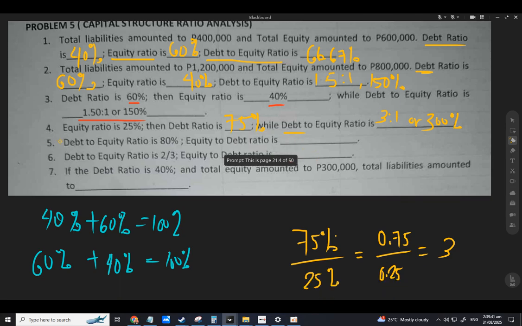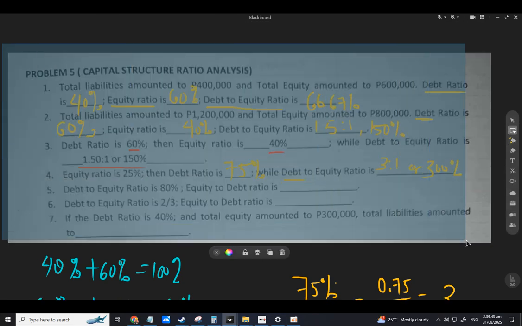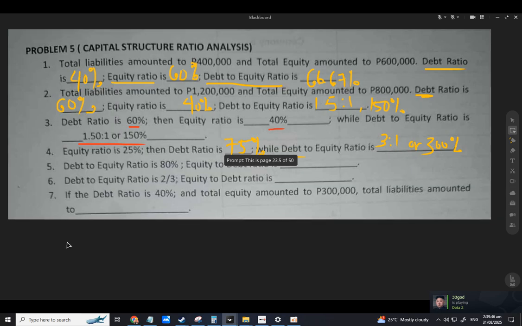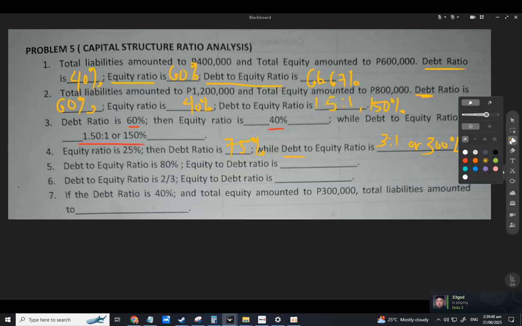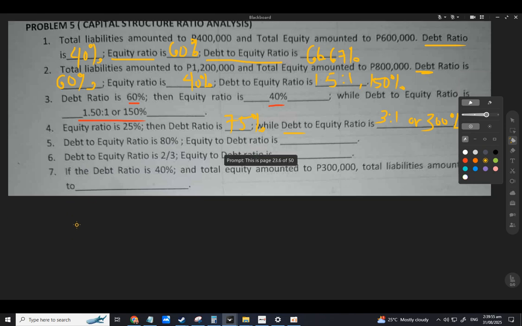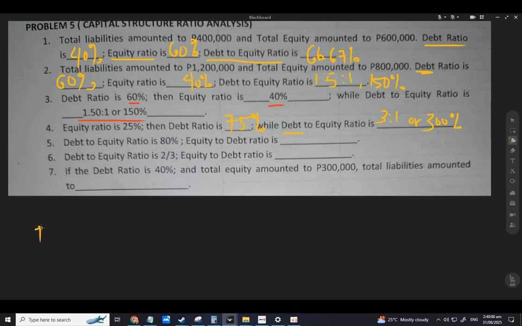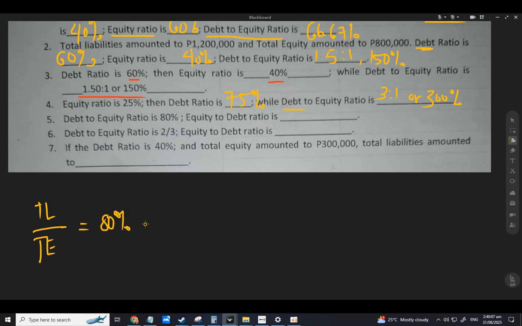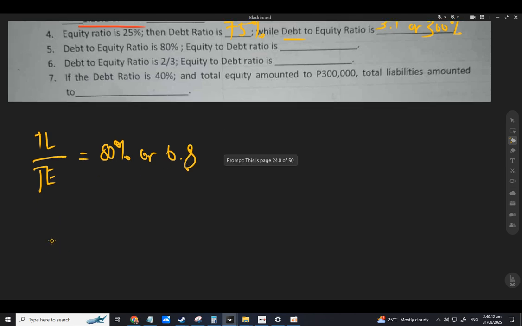Paano naman kapag number 5? This is a little bit weird. Okay? Debt to equity ratio is 80%, tapos pinapahanap sa atin ng equity to debt ratio, babalik natin. Paano yun? I'll show you an example. 80%, di ba? Meron tayong total liabilities at total equity at ang lumabas daw ay 80% or 0.8.